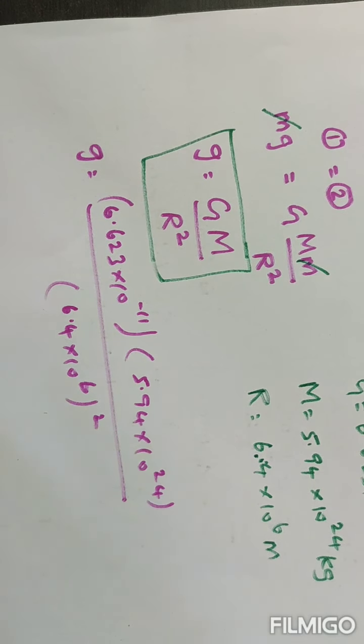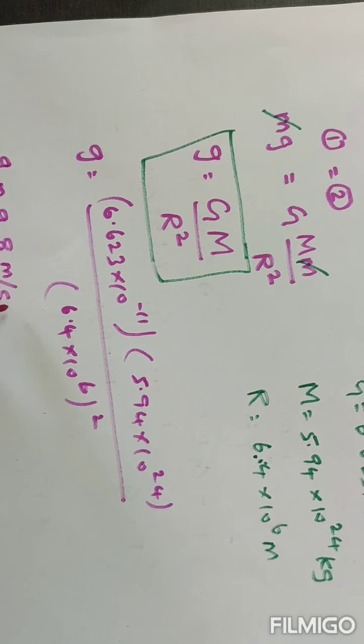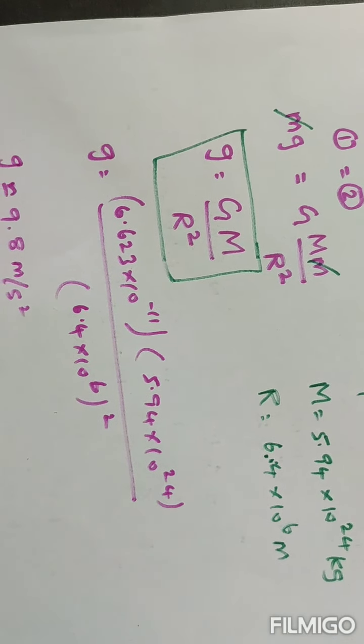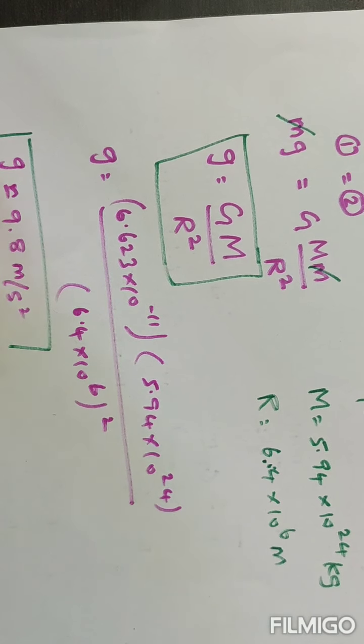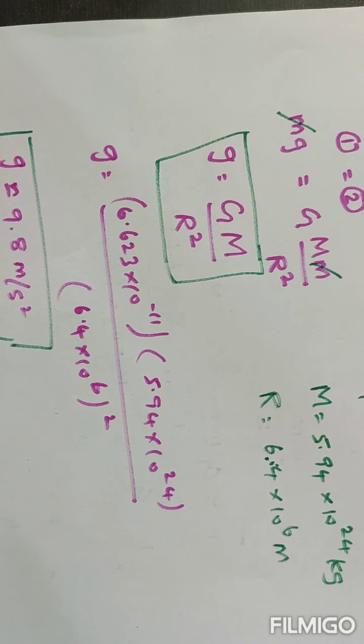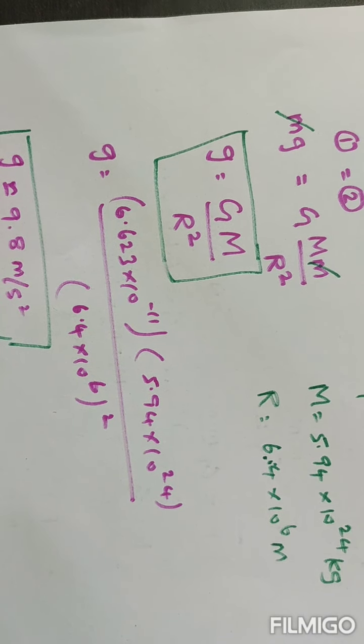If you simplify this value, we get nearly 9.8 meter per second square. So this is the acceleration due to gravity of the earth, 9.8 meter per second square.